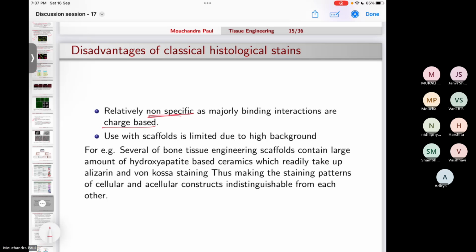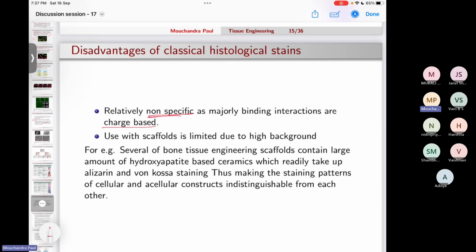Okay. Then when you are using these dyes with a scaffold, okay, and say you want to see how much calcium content is being secreted by the cells on your scaffold, and unfortunately your scaffold also has some calcium in it because of the polymer backbone or something like that.